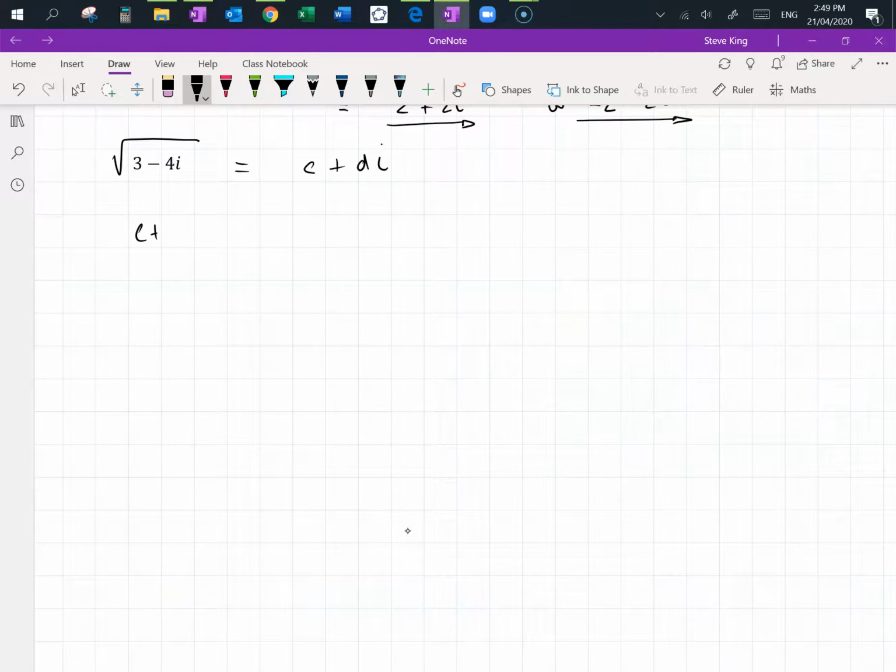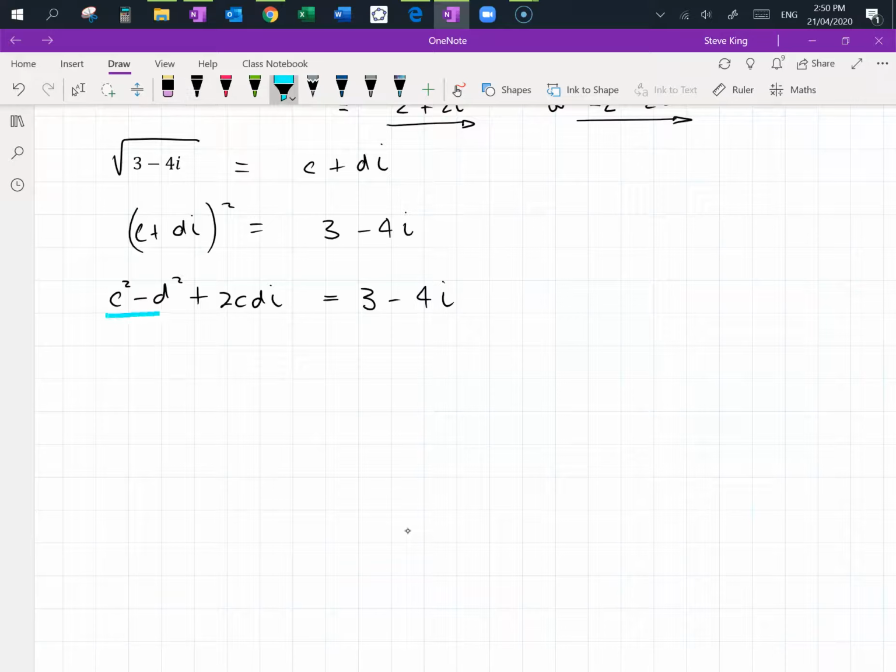And so c plus di all squared is going to give me 3 minus 4i. And now I'm going to have c squared minus d squared plus 2cdi, and that's going to equal 3 minus 4i.